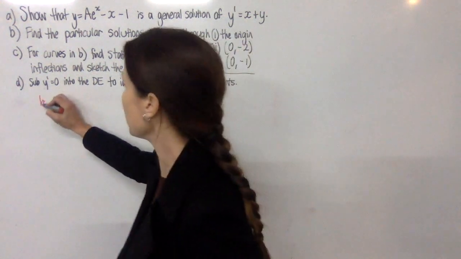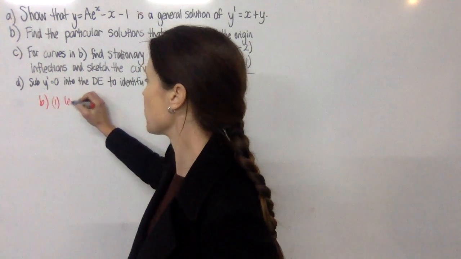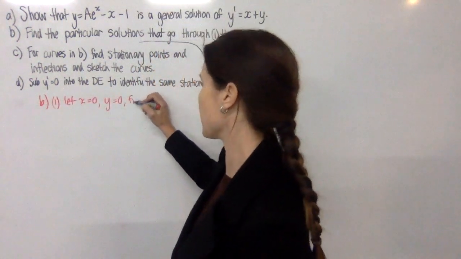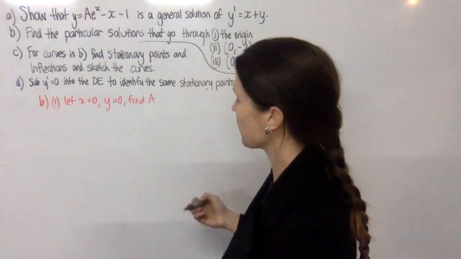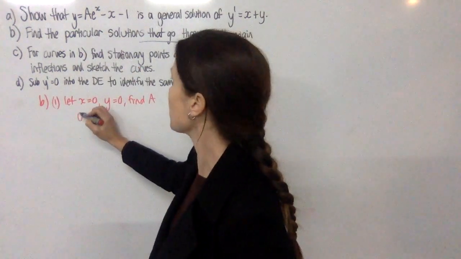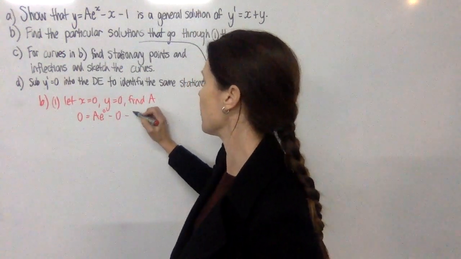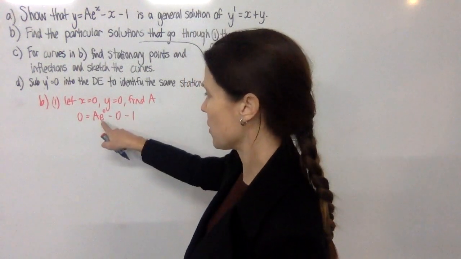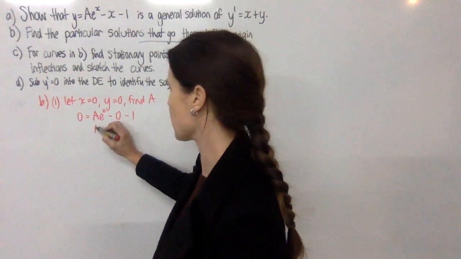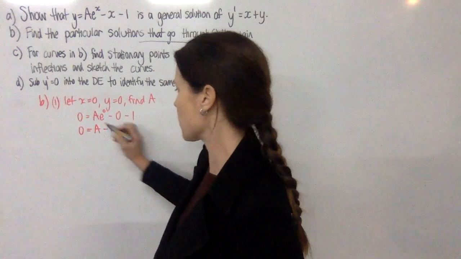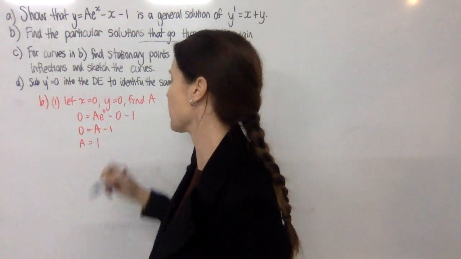So for B, part 1, we need to let x equal 0 and y equal 0, and we need to find the value of A. So subbing those in, 0 is equal to A, e to the 0 minus 1. So this gives us one lot of A, so that's just A, minus 1 is equal to 0, so clearly A equals 1.